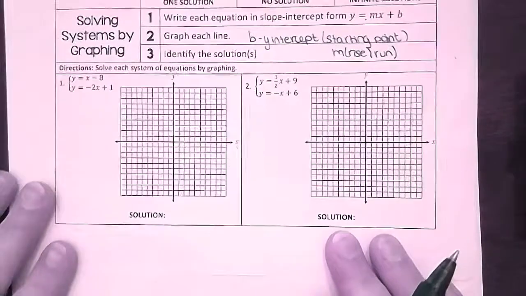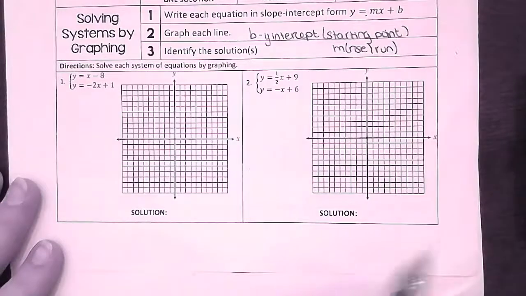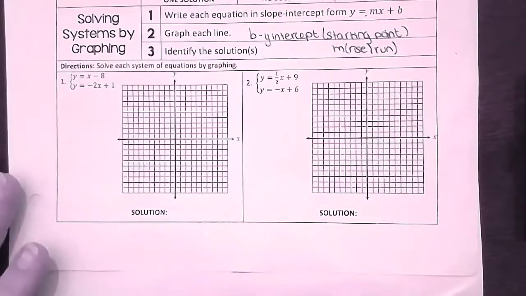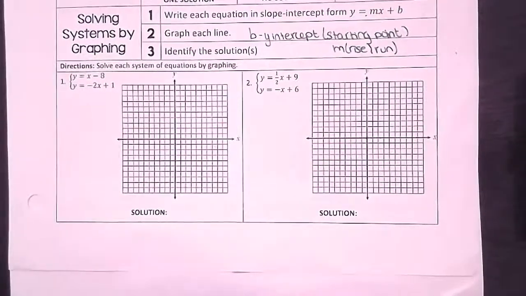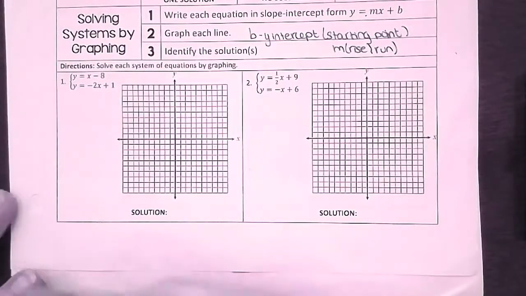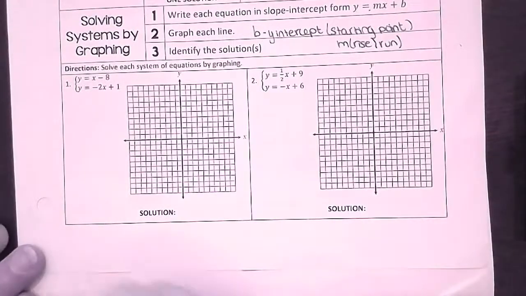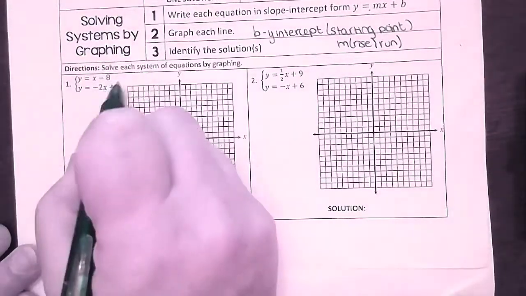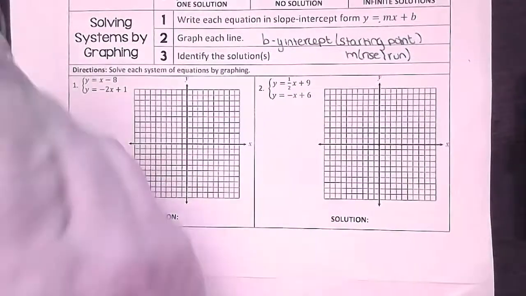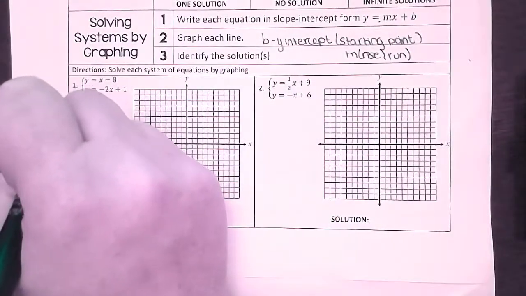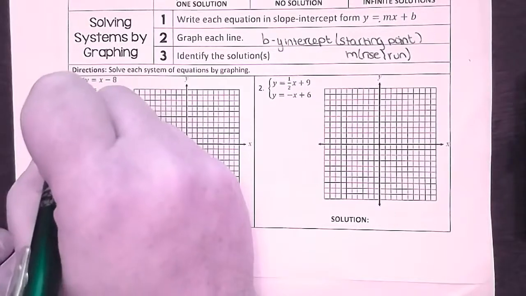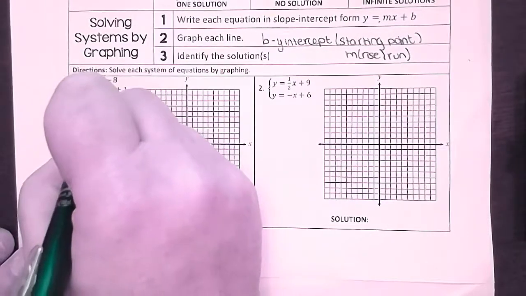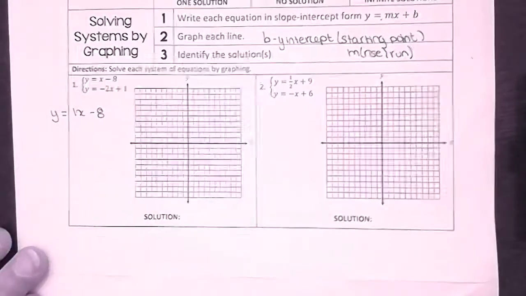These are already in slope-intercept form, which is good, but we're going to go over a few that aren't. So you have to remember how to put things in slope-intercept form. When you have y is equal to x minus 8, you have to graph each line separately. Now remember, that number in front of x, even though we don't see it, is positive 1.